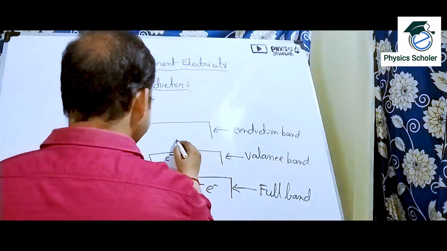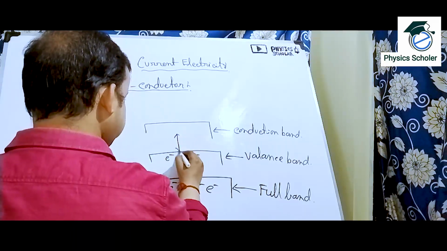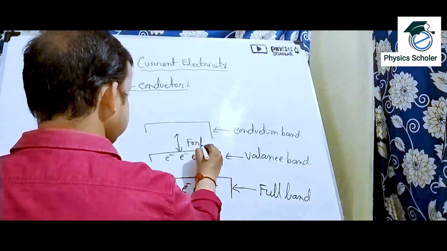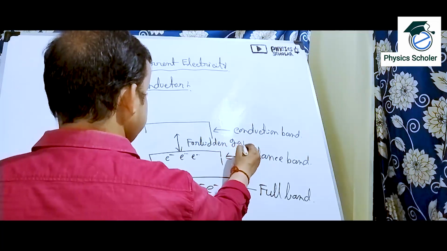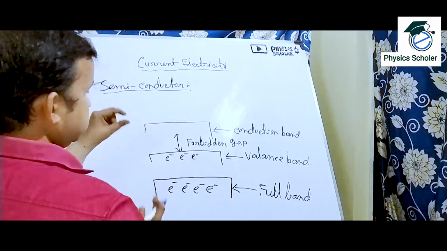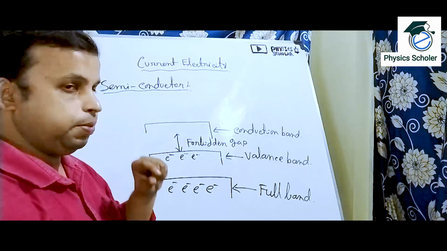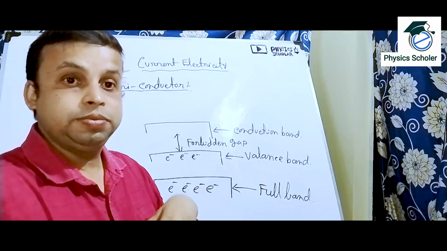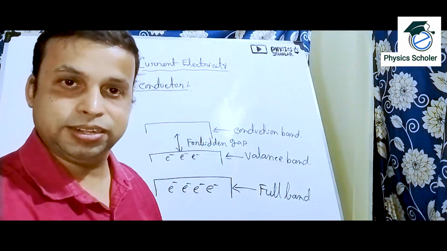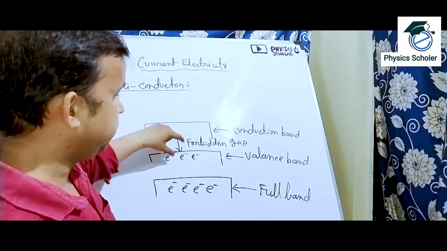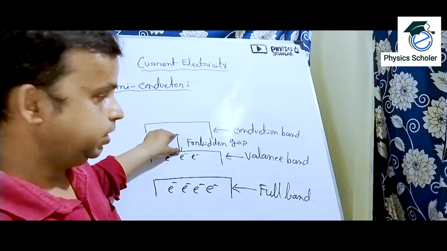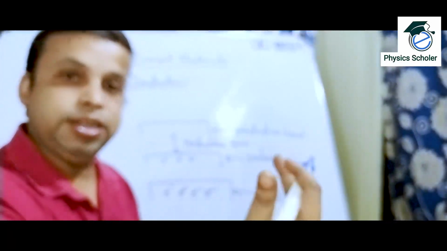So you can see the forbidden gap. You see the gap, the energy difference between the conduction band and the valence band, is not huge like the insulator. The forbidden gap is not huge as compared to the insulator.